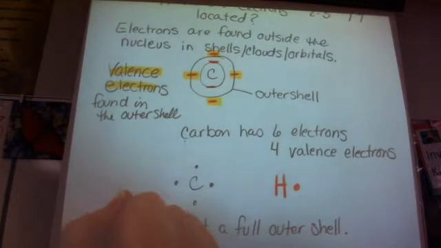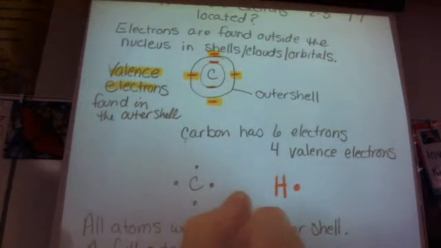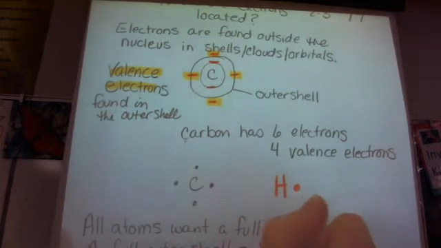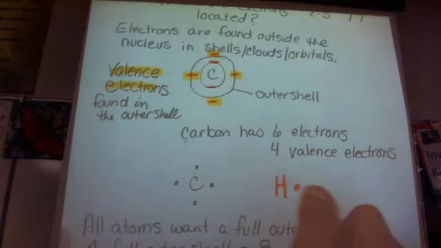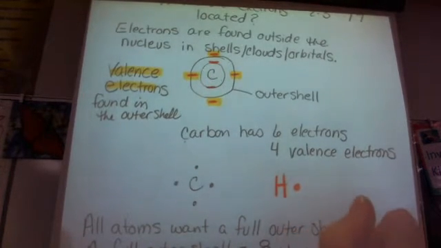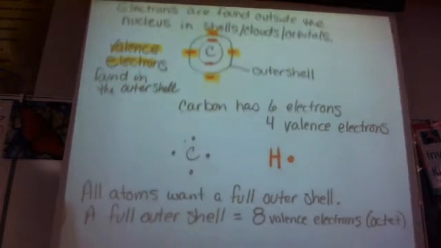A full outer shell is how many? 8. 8 valence electrons. And that is called the octet. Oct for 8. If you've heard that before, the octet rule.